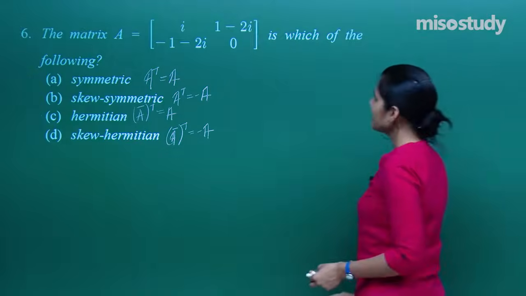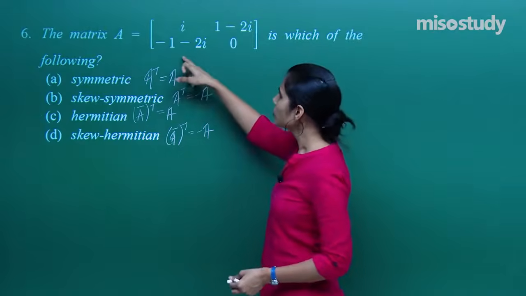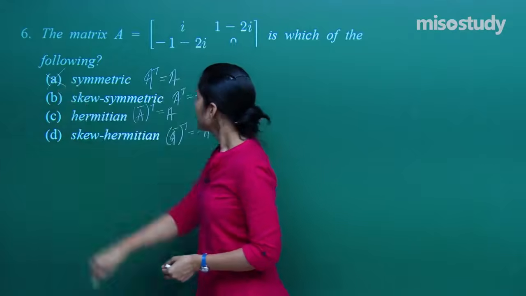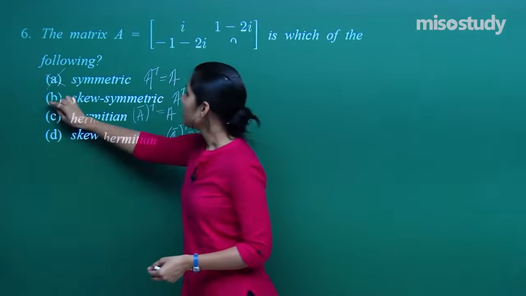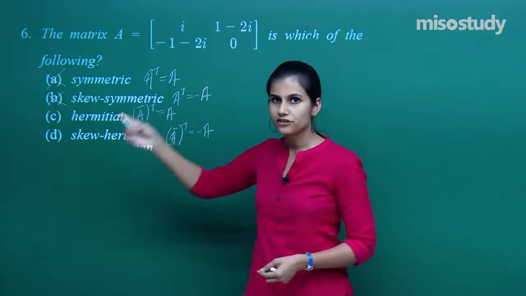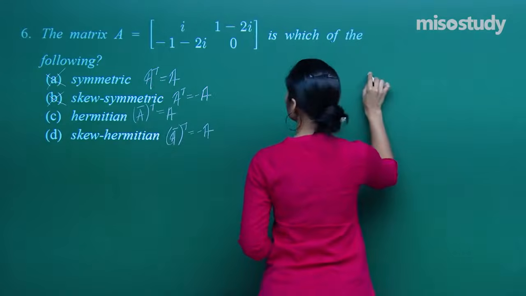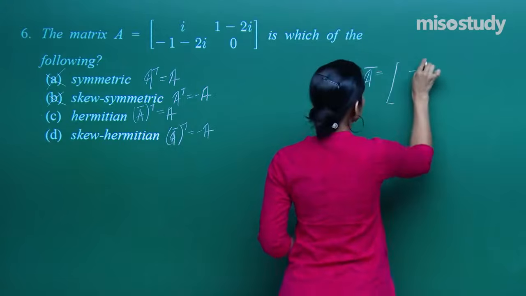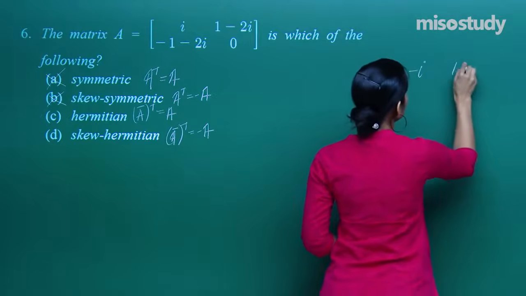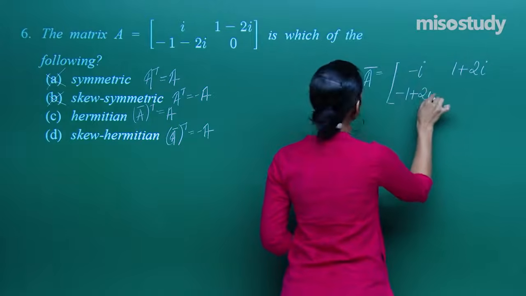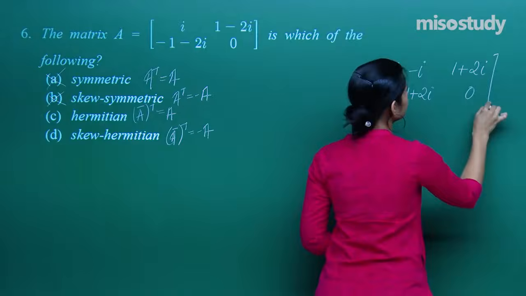So if you analyze directly, when I take the transpose, of course it is not going to come out to be equal to A. It is not going to come out to be equal to minus A as well, right? So the question is about conjugate transpose. If I take conjugate of A, it is minus iota, 1 plus 2 iota, minus 1 plus 2 iota and 0.